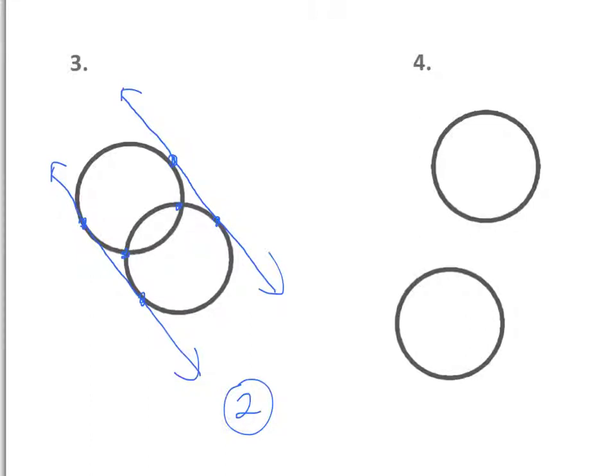Now 4 is kind of interesting because they don't touch, but I still have 2 circles. So in this case, I can actually draw 4. Let me try that again. Here's 1. Again, that's supposed to be straight.